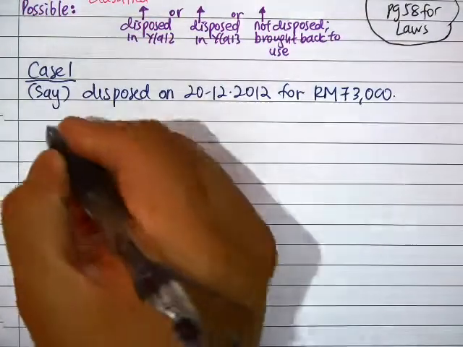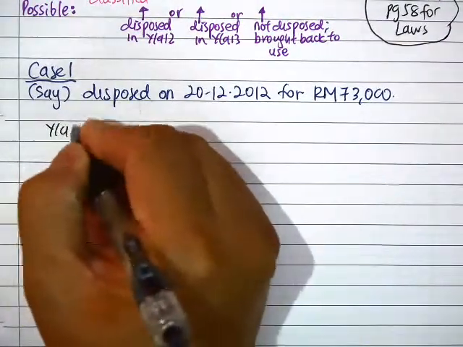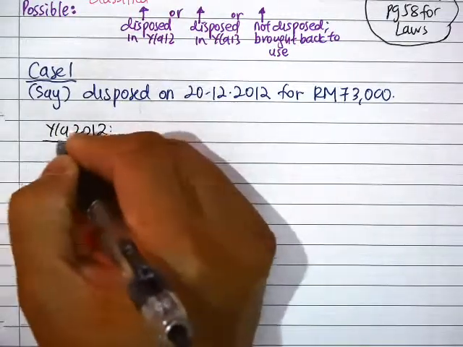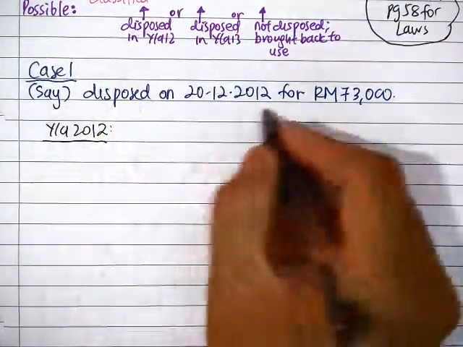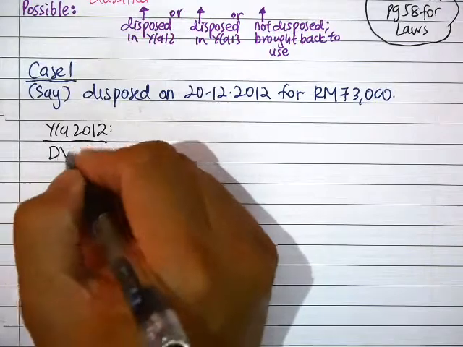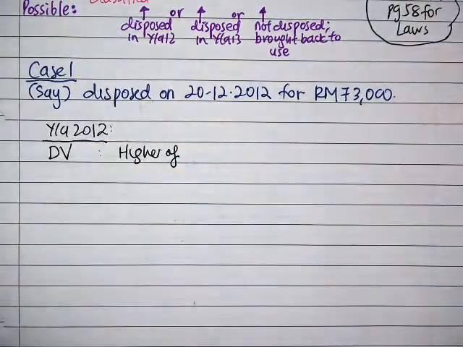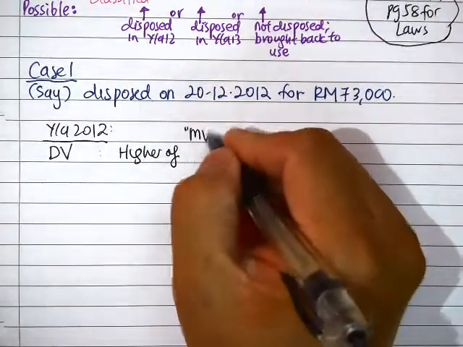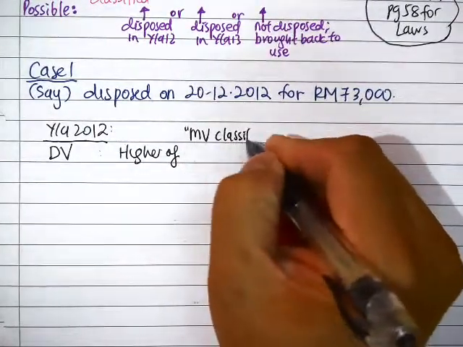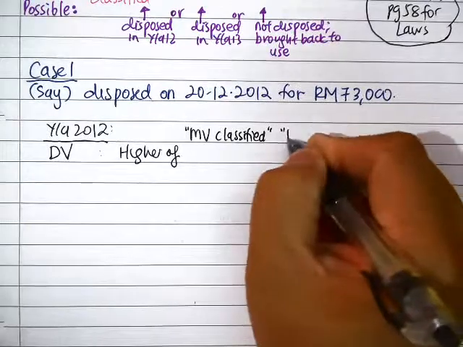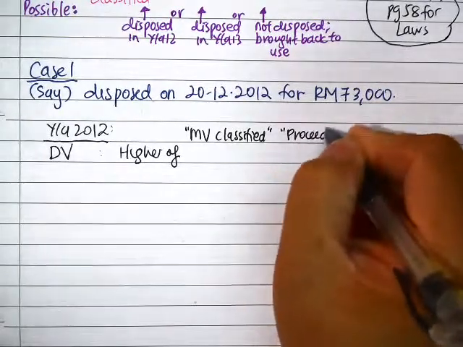Now, in YA 2012, right, the year you dispose, the disposal value must be higher of what? Market value classified or the net proceed.